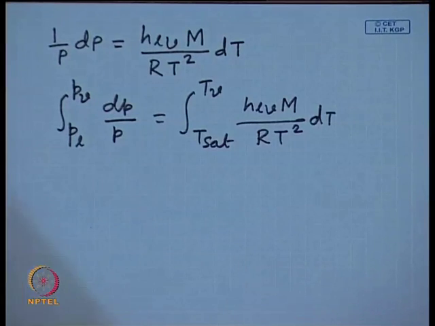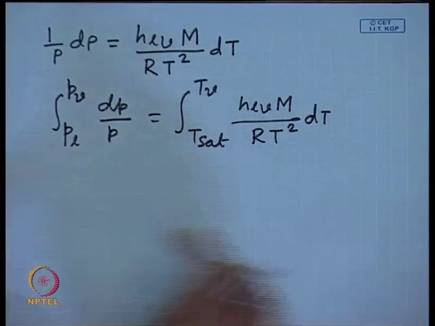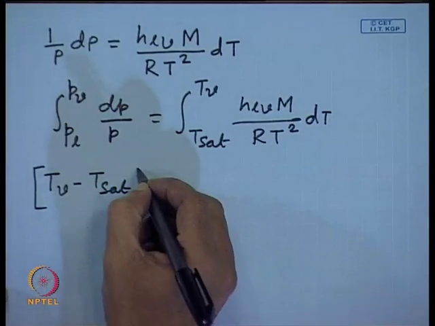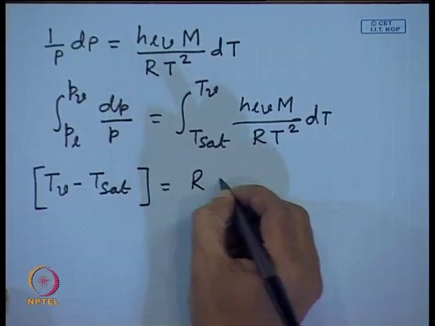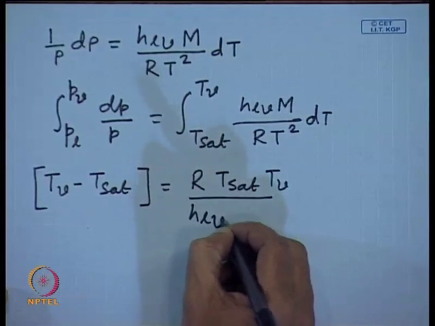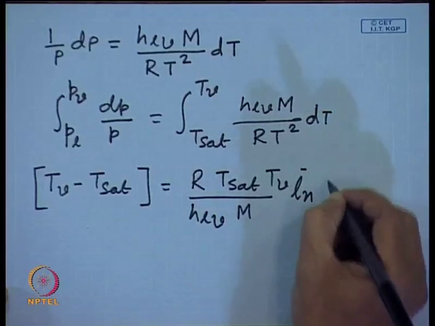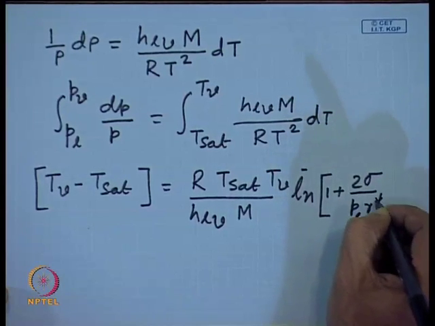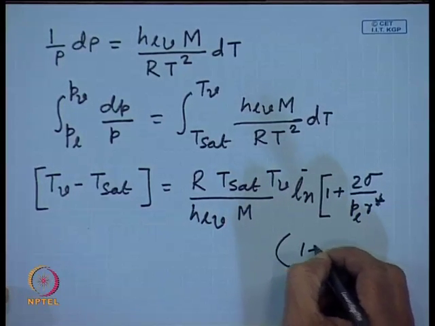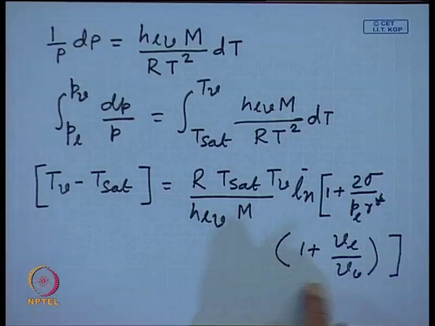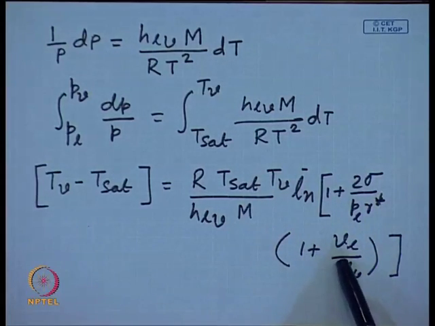And one can do a little bit of simplification. With simplification one can write natural log of 1 plus 2 sigma over P L R star, this should be multiplied by 1 plus V L by V V. You see, this last term is the addition to take care of the curvature effect of the bubble.